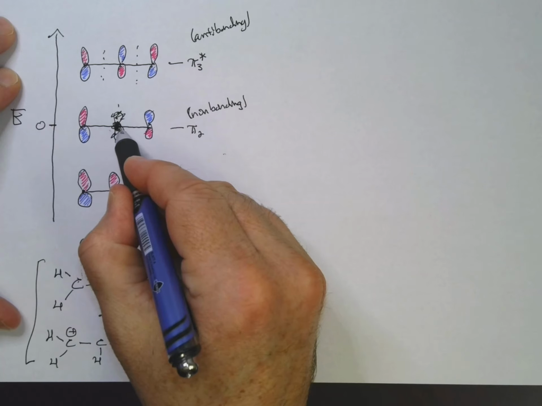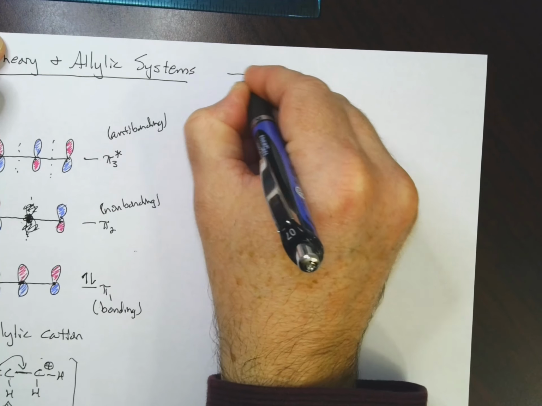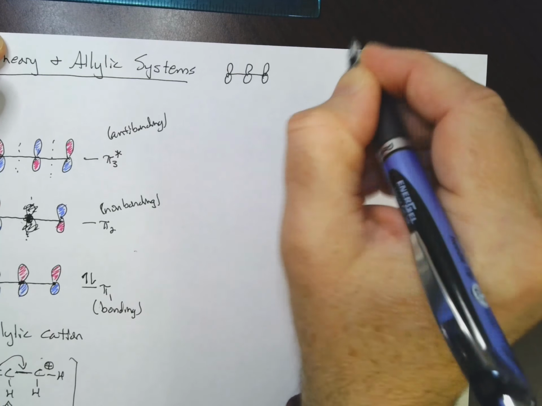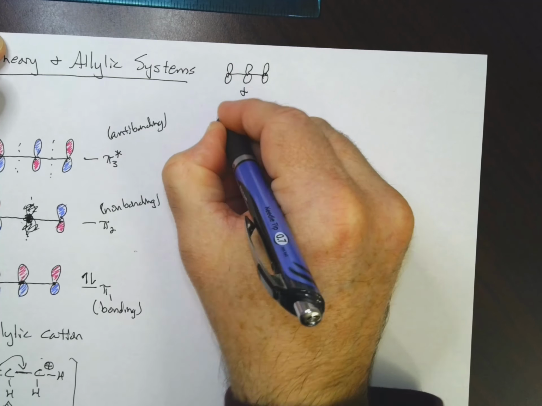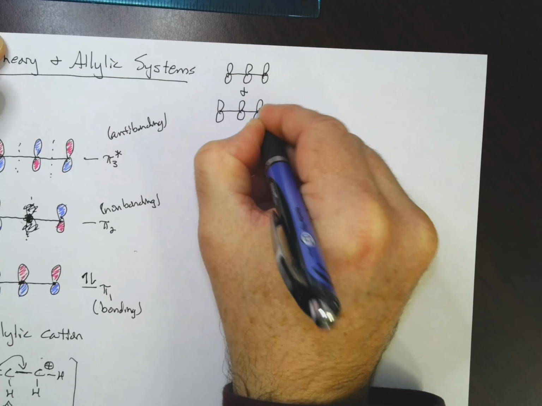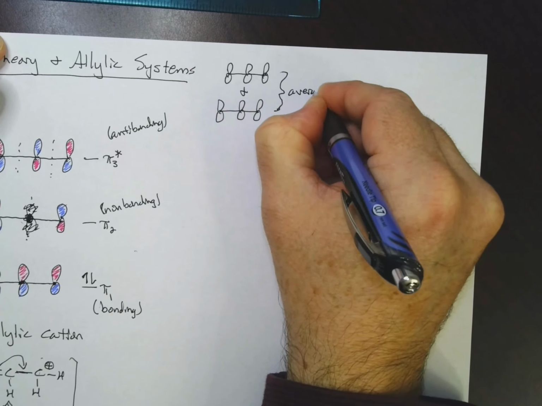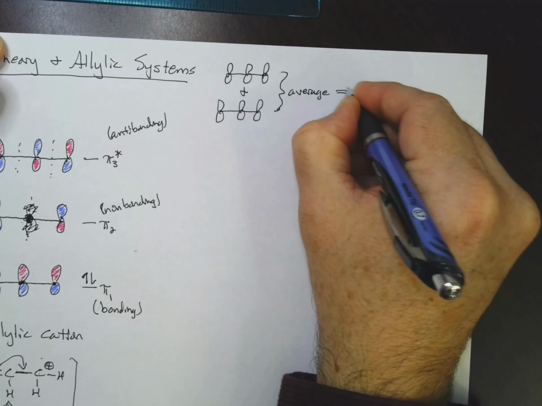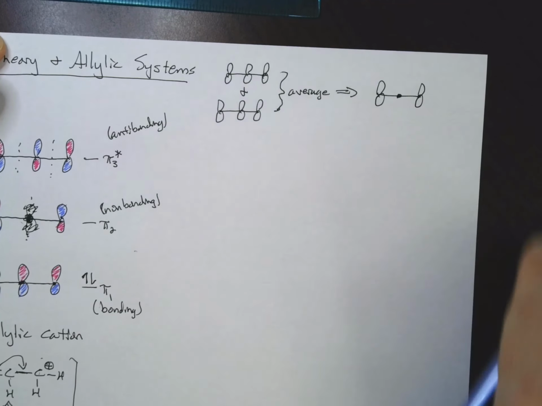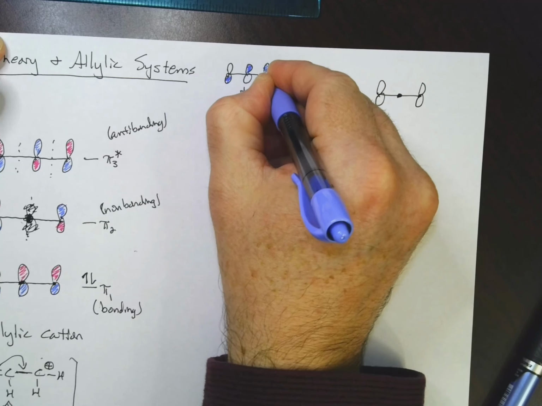Now, why do we get this? So if I added the following, I'm going to get, so really there's 2 ways to arrange this with one node.